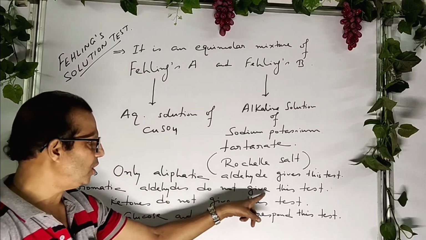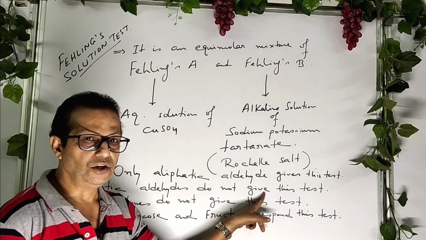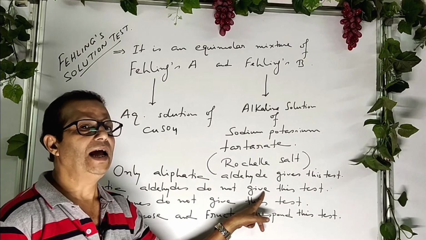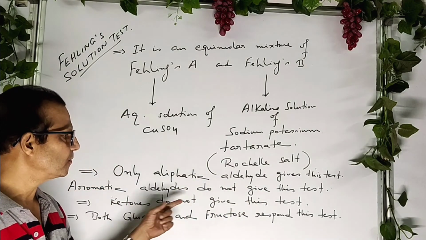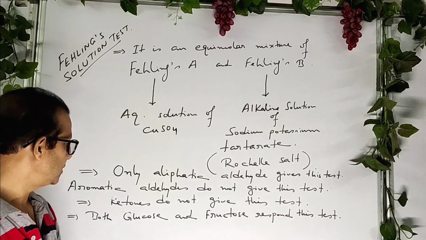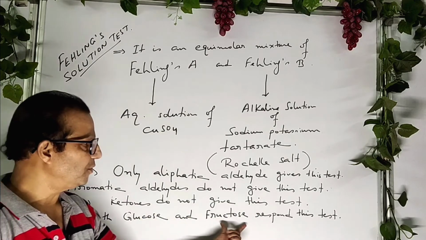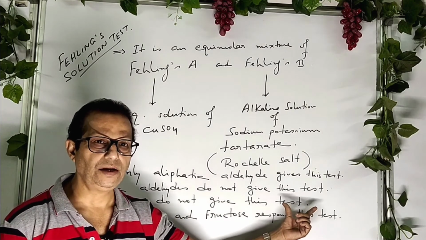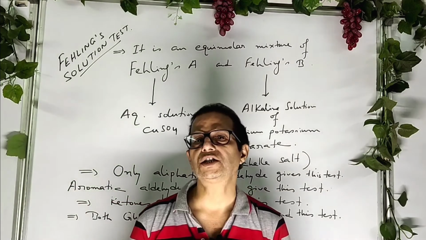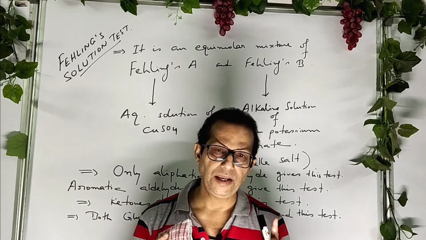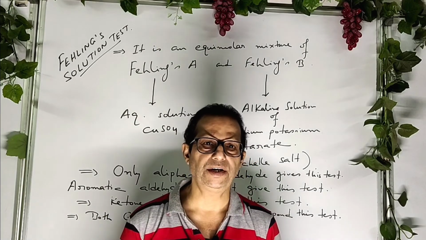Aromatic aldehydes do not give it because Fehling solution is weaker than Tollens reagent. Ketones do not give this test, but both glucose and fructose respond to this test. Okay, so understand what is the reaction during Fehling solution test.